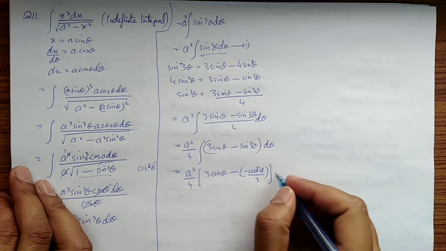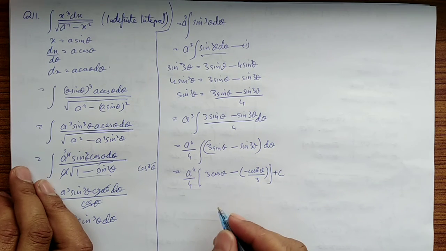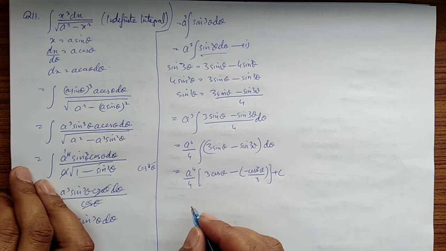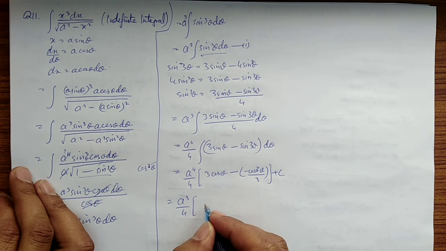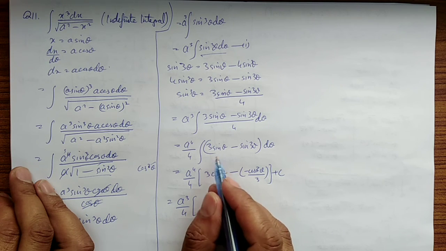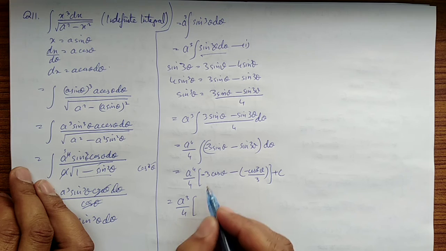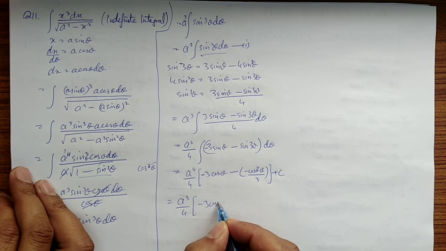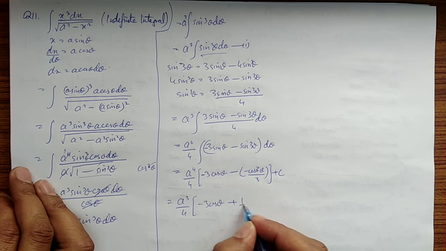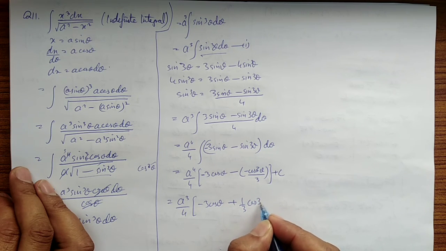right, and plus c. Now we are going to write here plus c because it's an indefinite integral, a cube upon 4, just simplifying, so here we have minus 3 cos theta plus 1 upon 3 cos 3 theta plus c.